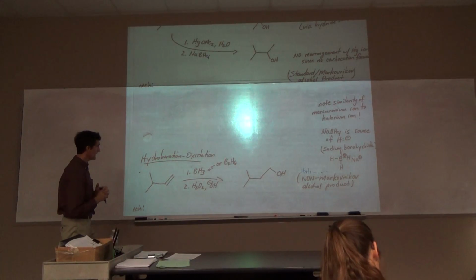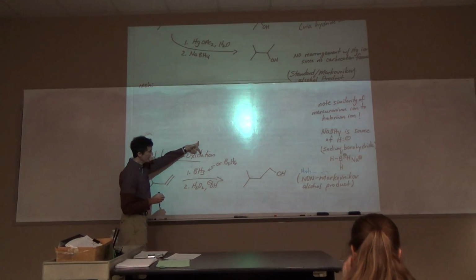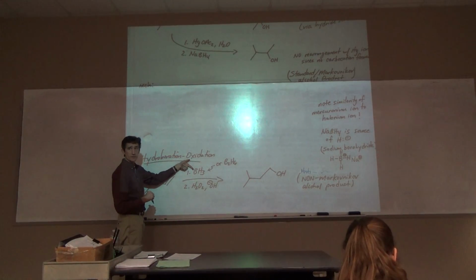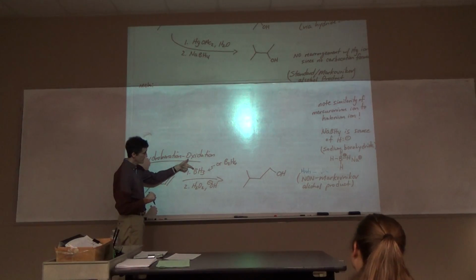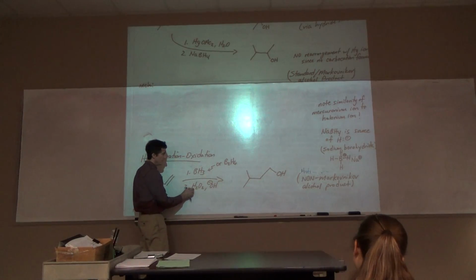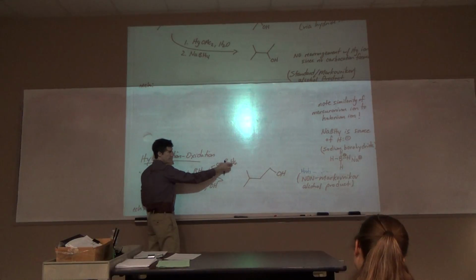You can get such a product by this process, hydroboration followed by oxidation. We see our friend BH3, which is not happy, followed by oxidation with hydrogen peroxide. By the way, BH3, because it's not happy, actually exists as a dimer.